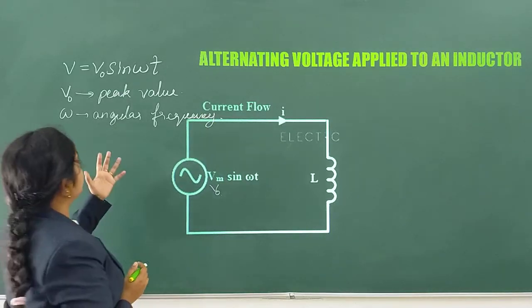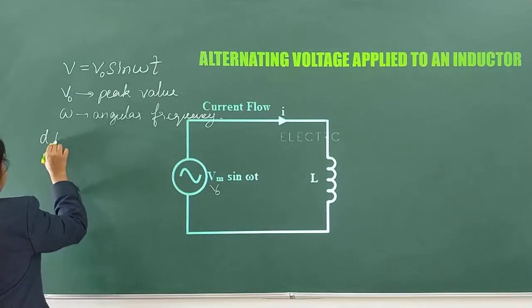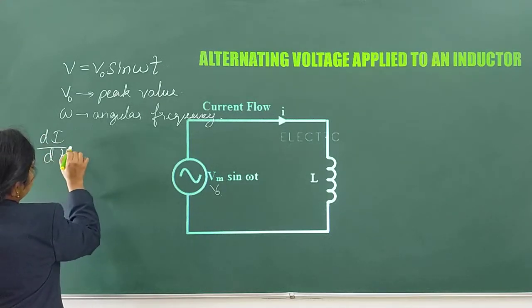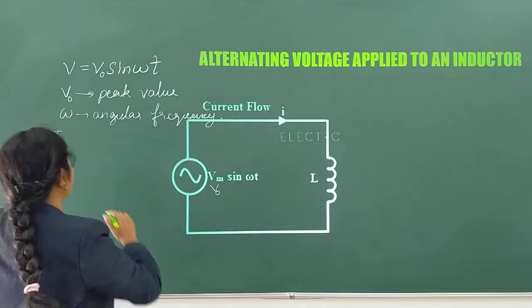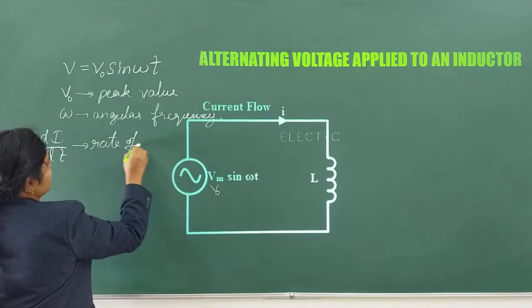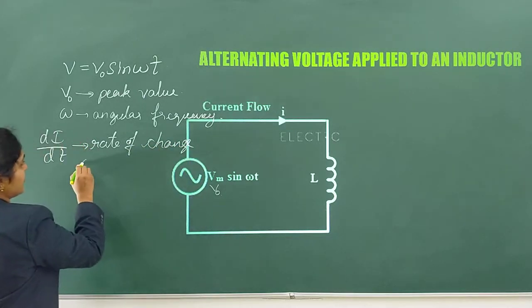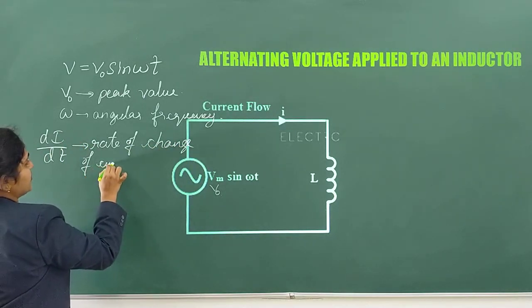Let this be the voltage, and let di by dt be the rate of change of current in the circuit.